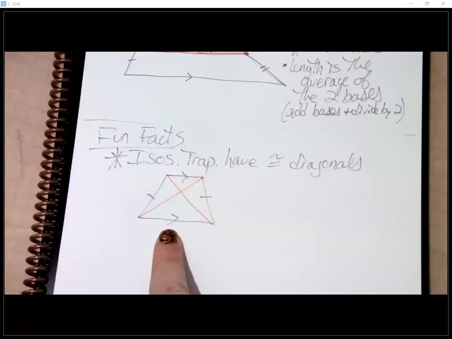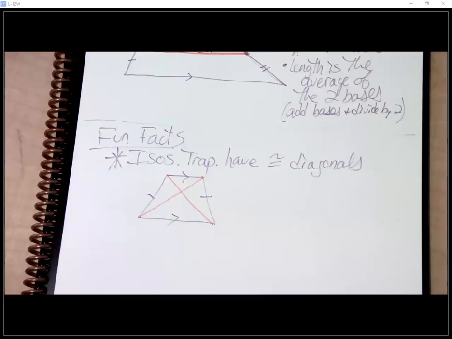It will not have diagonals that bisect each other. Really, that's the only kind of fun fact. Oh, besides the isosceles trapezoid having the congruent base angles, but we already talked about that. Let me make sure that's all that I wanted to tell you about, but I think that is.